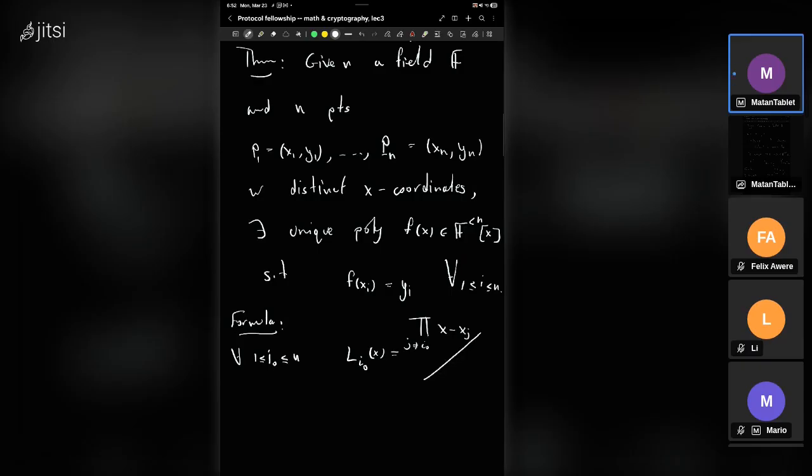And you mod out by the product of all expressions of the form xi0 minus xj, which is now just a product of coefficients, where again j runs over all the indices that are not i0. And then the final polynomial, the Lagrange interpolation, is the sum of yi Li of x.